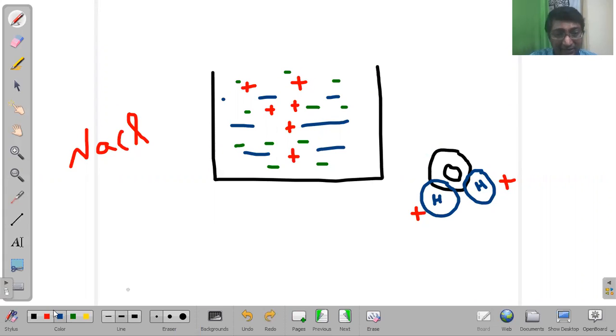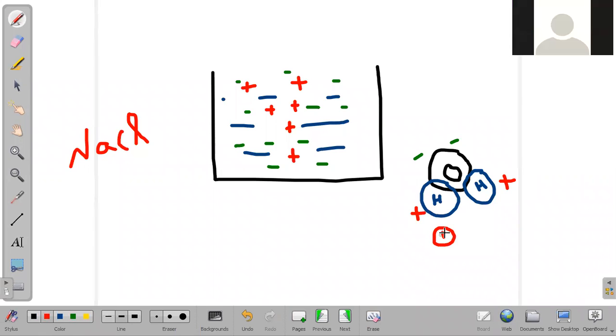We were using green for negative. So this is water. Now imagine there is sodium and there is chlorine. Imagine the red ball is the sodium ion, and the green marble is the chlorine.